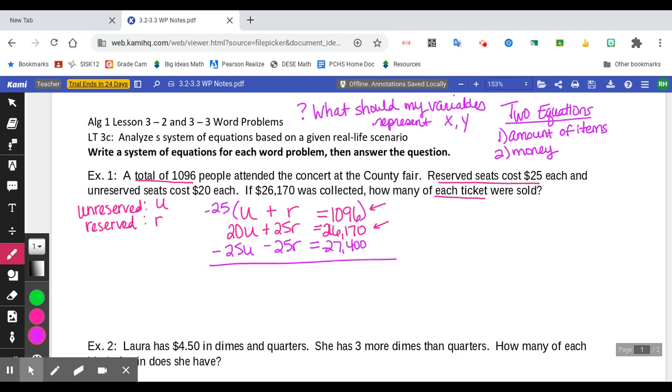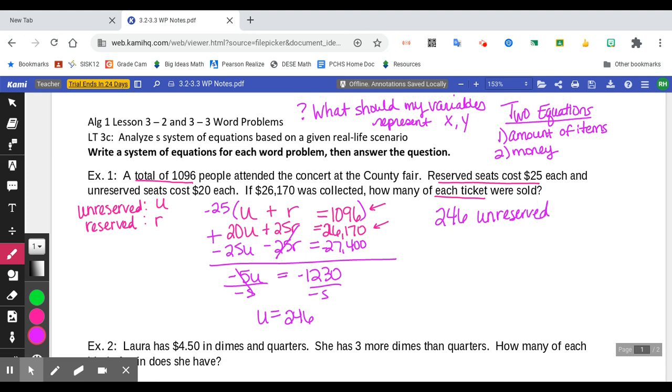I'm going to make a giant addition problem. This will give me negative 5u. These are gone, and I've got negative 1,230. Divide by negative 5 on both sides, and u equals 246, which means there are 246 unreserved tickets.